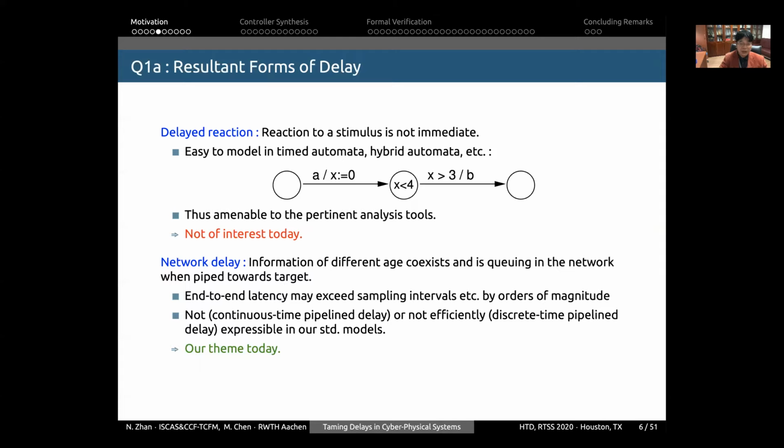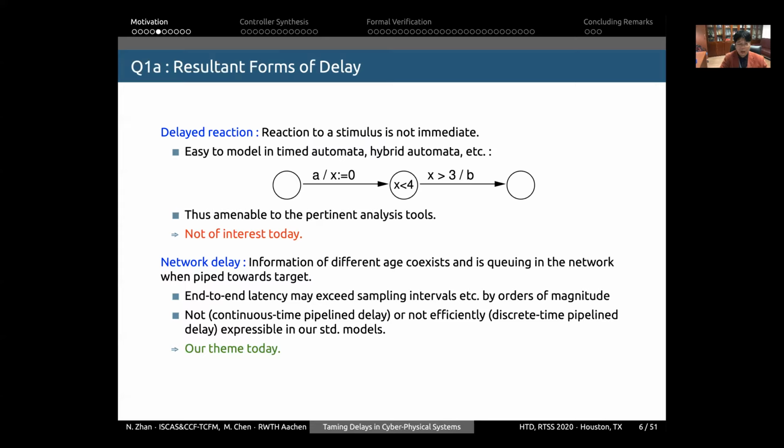What we are interested in is so-called network delay, means the information of different age coexist and is queuing in the network when forwarded towards target. For example, end-to-end latency may exceed sampling intervals and so on by orders of magnitude.